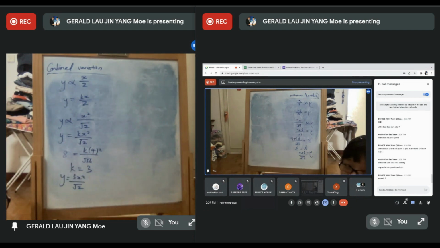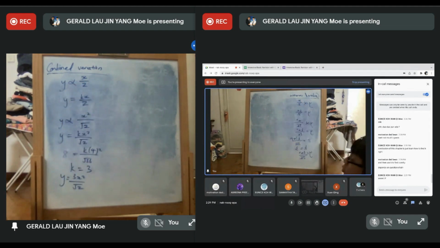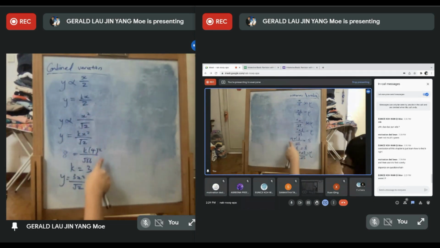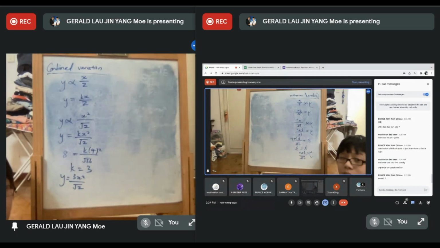It's just a relationship, and then use k to find x or y, depending on the question. Or if you've got three variables, they give you x and y, they ask you to find z, also can. But remember, you always have to find k first, then only you find the others. Find the k first.